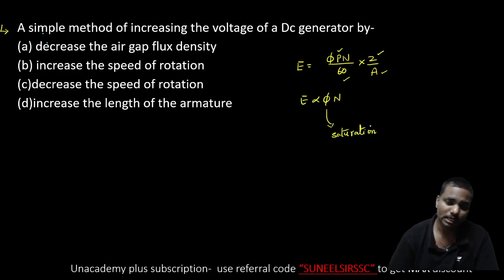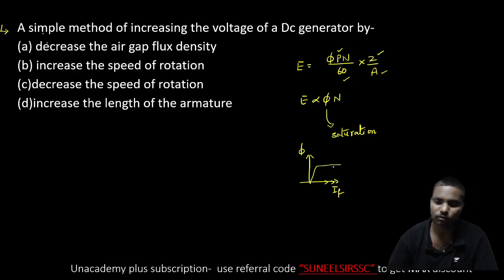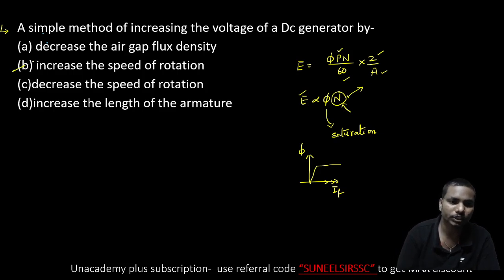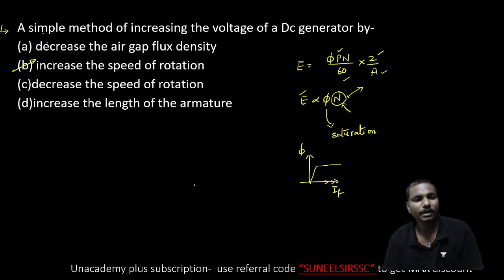If you increase the field current, flux may increase up to a certain point only. After that, even if you increase the field current, the flux will be constant. But we can simply increase the speed. By increasing the speed of rotation, we can increase the EMF. Then as the EMF increases, the terminal voltage also increases. So increase the speed of rotation.